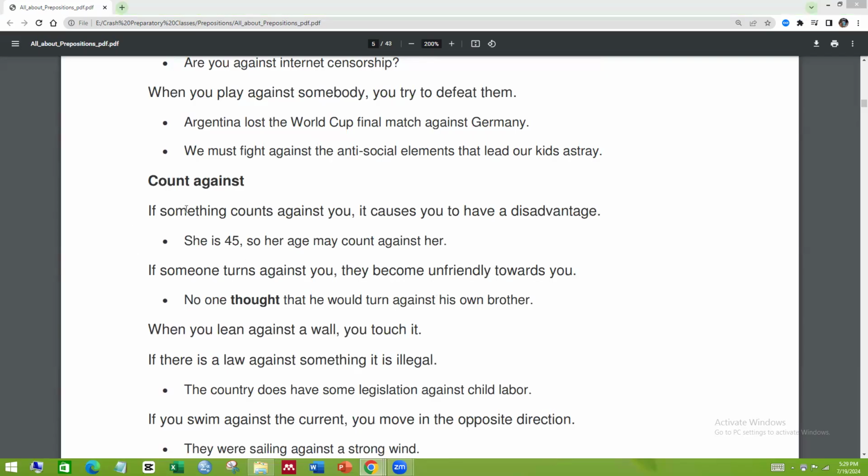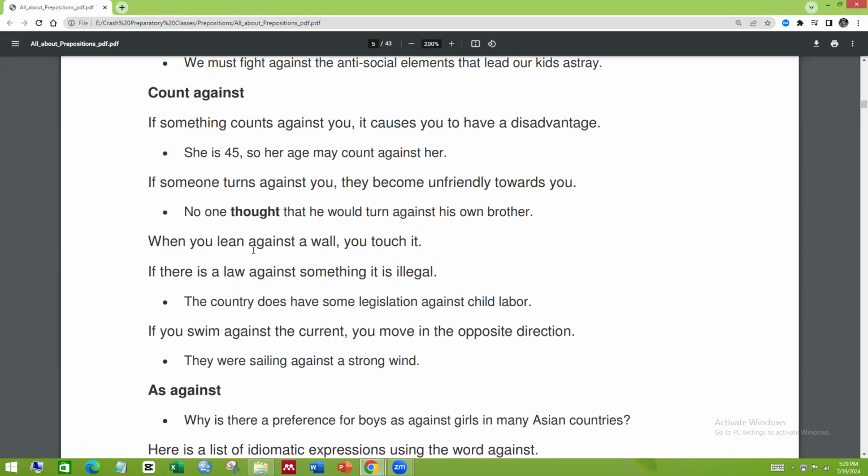Okay. If something counts against you, it causes you to have a disadvantage. She is 45, so her age may count against her. If someone turns against you, they become unfriendly towards you. No one thought that he would turn against his own brother, that he would become the opponent of his own brother.